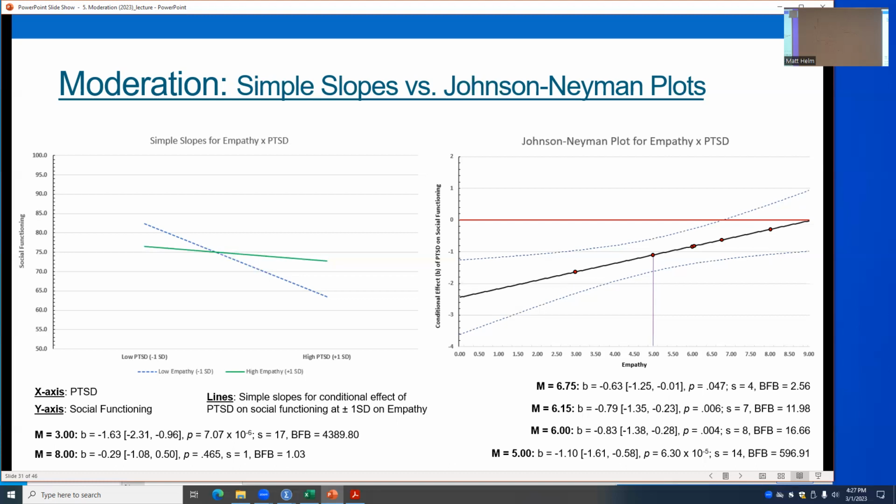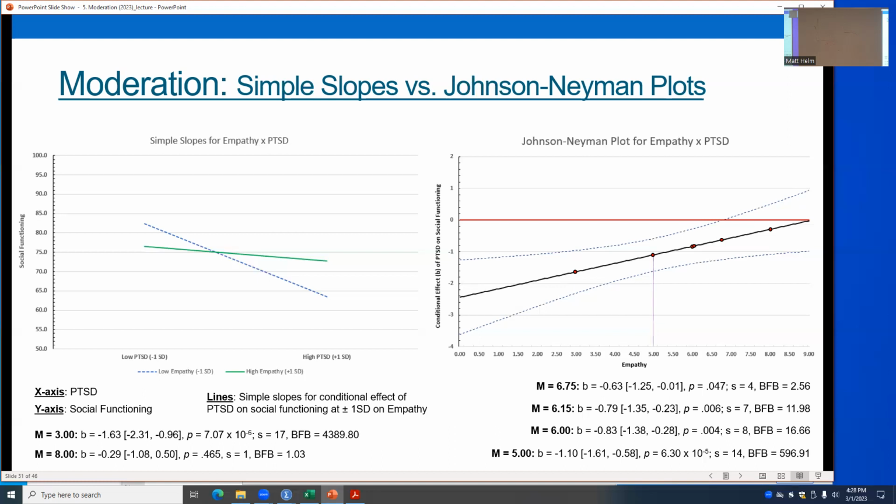Once we get to these very high levels of empathy, then we stop seeing an association. But everything below that, we're seeing a unique effect, which tells me more about the phenomena of interest and where those boundaries are, as opposed to what we typically do, which is fine, but limited in a lot of ways.